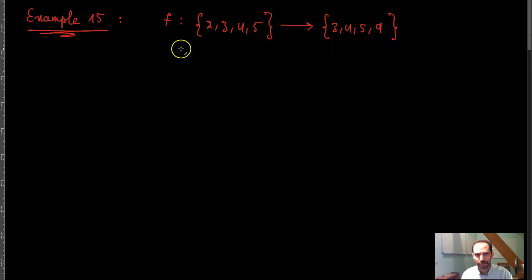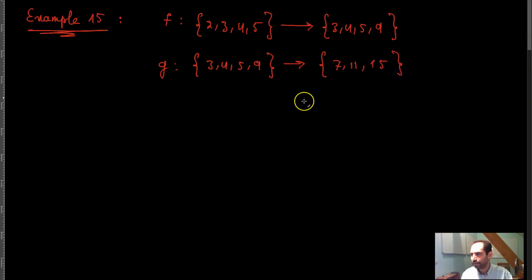And g be a function from the set {3, 4, 5, 9} to the set {7, 11, 15}. Let these be functions defined as follows.